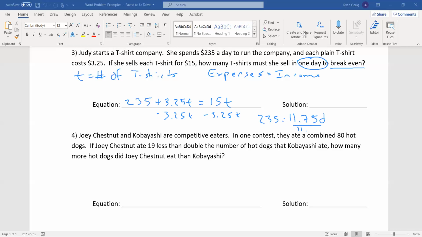Divided by 11.75, I believe you get a good number here. And it is 20. So she would have to sell 20 t-shirts to make back the money that she spent to get started. Anything over 20 shirts, and she's going to make a profit. Anything under 20 shirts, she's going to lose money.